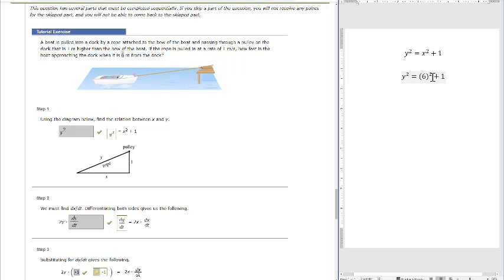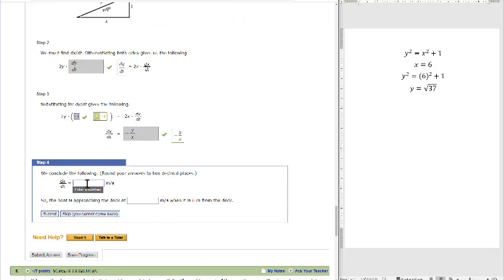And so y squared is going to be 36 plus 1, which is 37. Therefore, y should be the square root of 37. Positive and negative, but of course we're going to consider the positive.